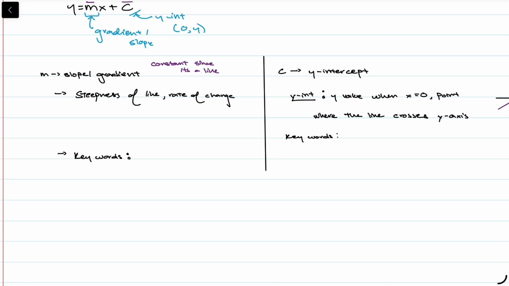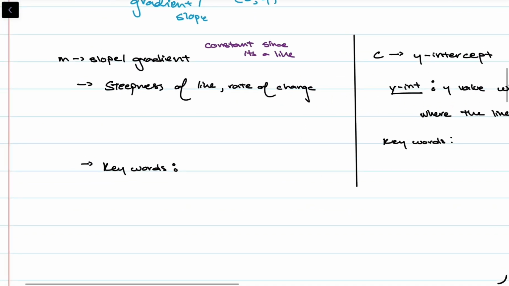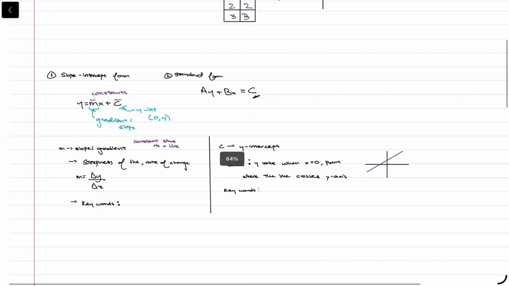M is your slope or gradient, and it's basically the steepness of your line, the rate of change of it. The gradient is your change in y over your change in x, your rise over your run.